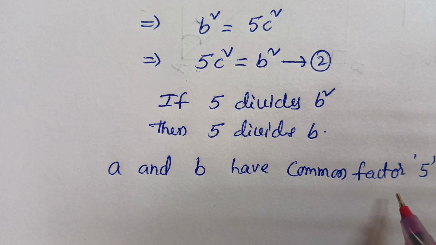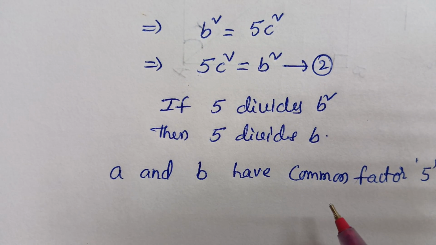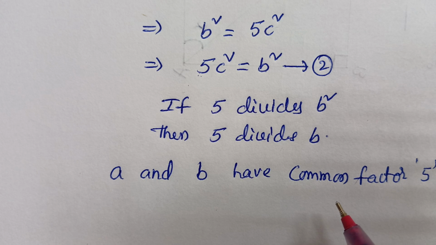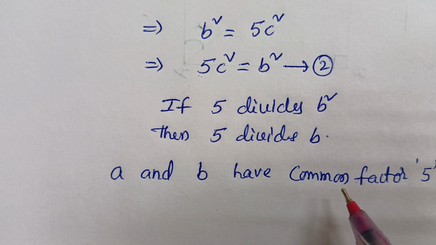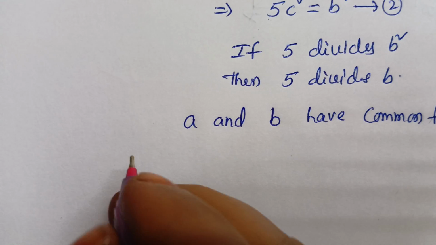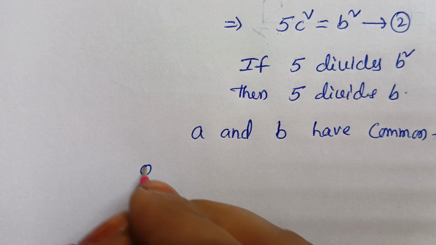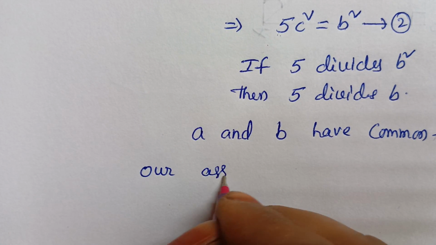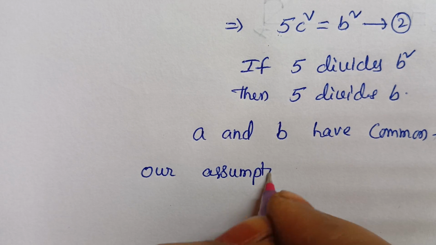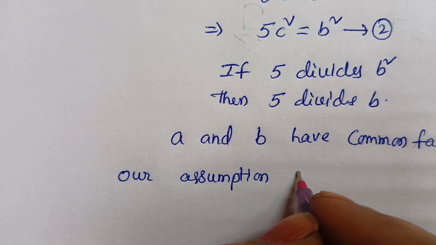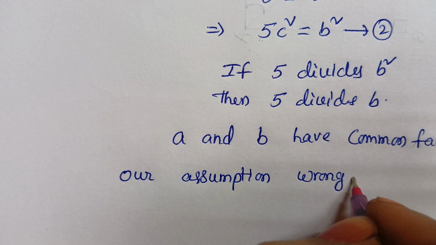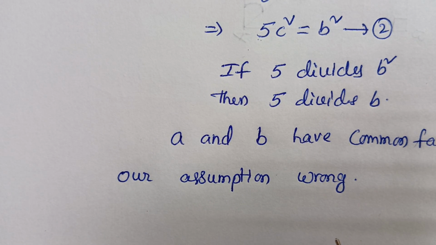So our assumption is wrong. What was our assumption? That root 5 is rational. That is wrong.